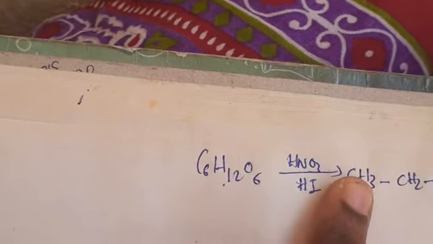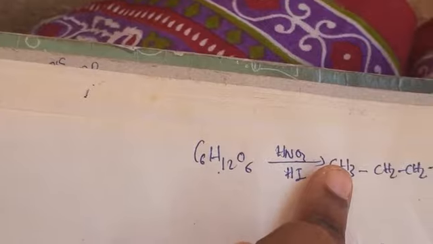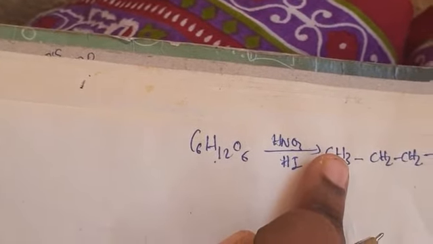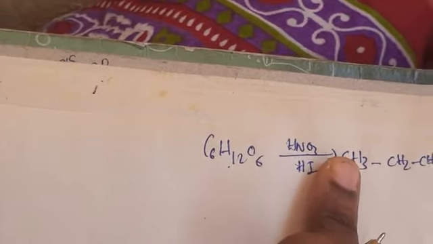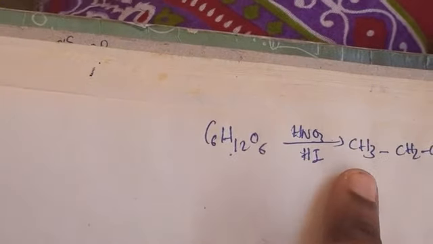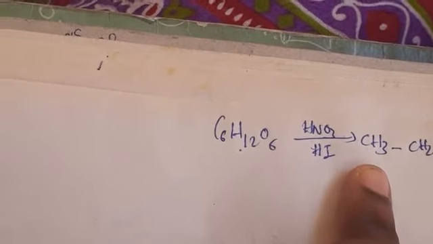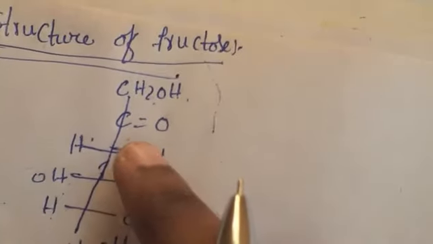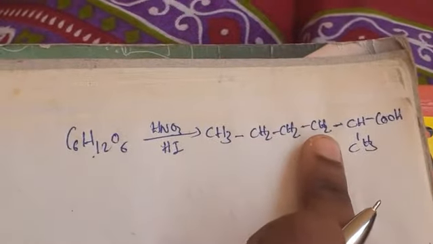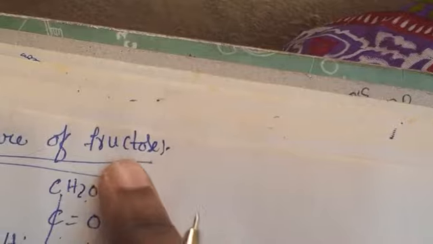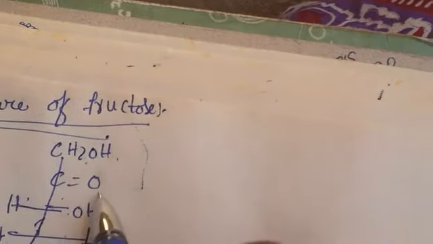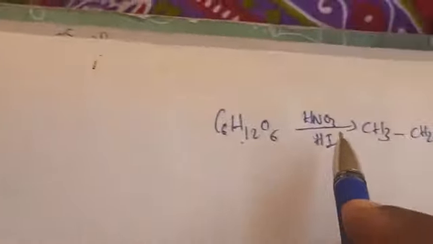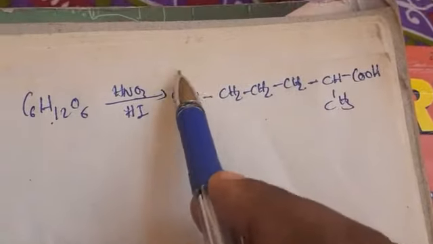See here, the CH2OH is converted into CH3. Why? Because when we do oxidation, acids are formed automatically, and by heating, CO2 is lost. That's why we got CH3 here. The remaining molecule has 3 CH2 groups, and here the C double bond O is converted into acid, and the CH2OH is converted to CH2.